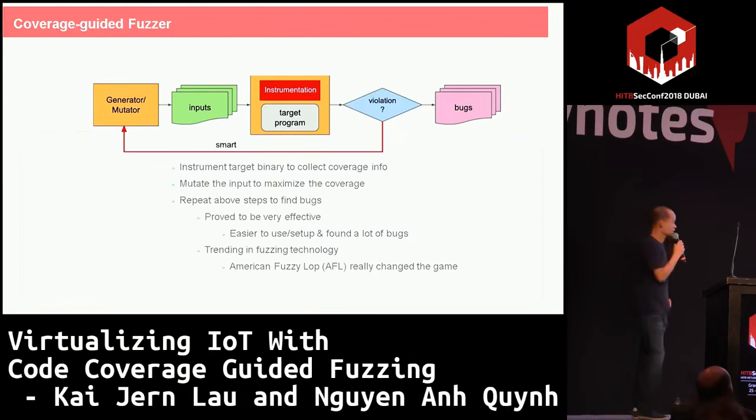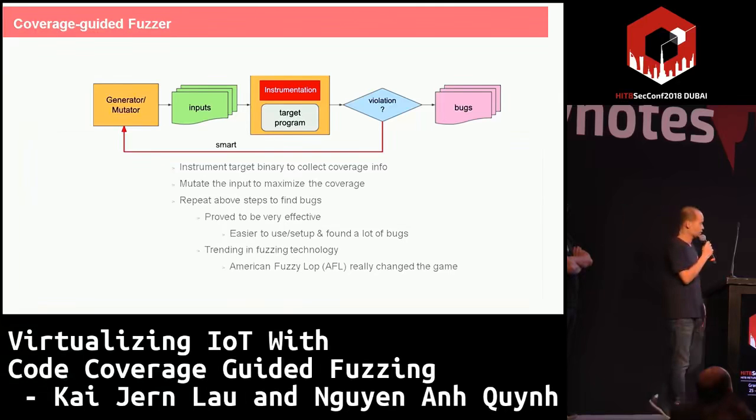It turns out that this kind of fuzzer is very effective, because it's smarter than a black box fuzzer, but much lighter than a white box fuzzer. So it's much easier to set up and use, and actually it found a lot of bugs. One prominent fuzzer of this type is American Fuzzy Lop, or AFL, which found a lot of bugs recently. It really changed the game.